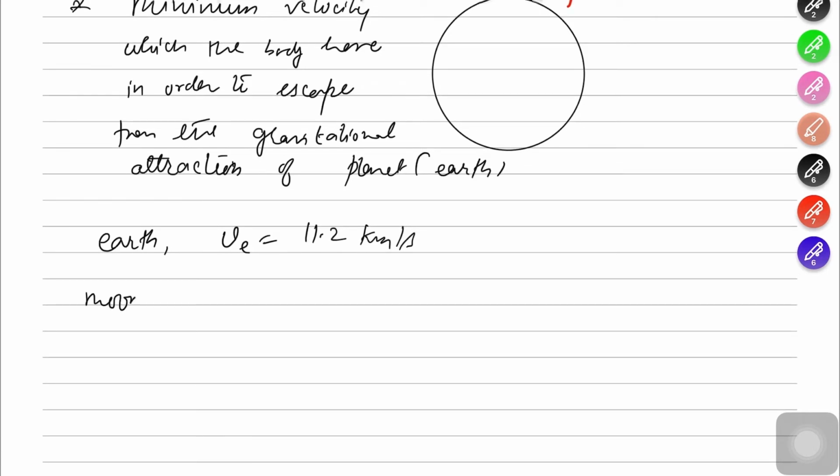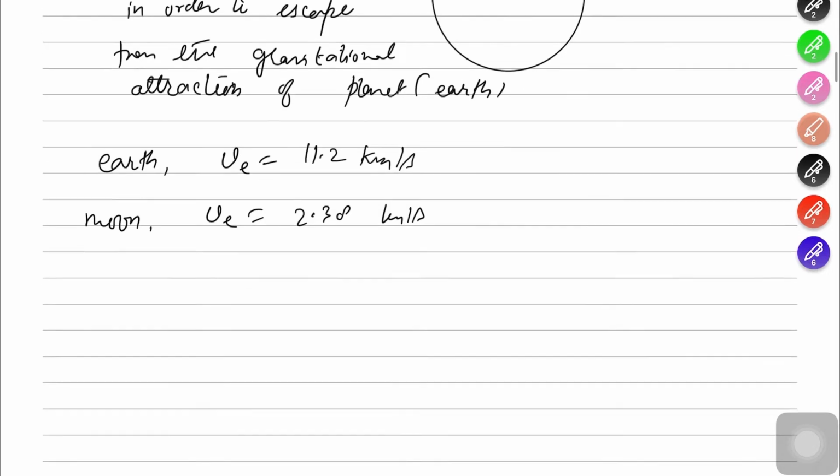Similarly, for the Moon, its escape velocity is 2.38 kilometer per second. That means if any object is projected from the Moon at, let's say, 4 kilometer per second, then it will never come back.